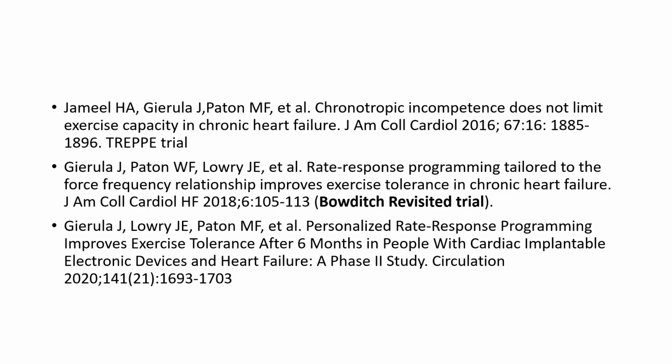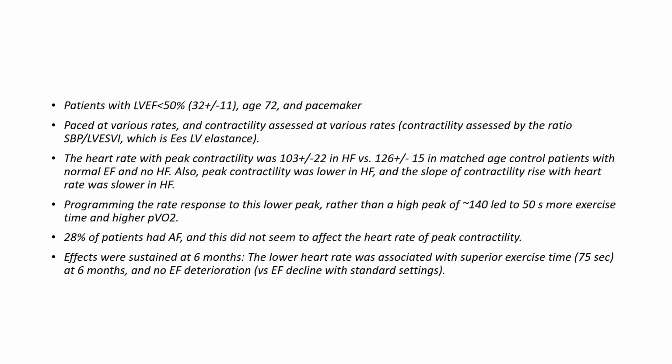Those are the three Bowditch revisited trials, excellent landmark studies from the United Kingdom. I will go over one of them quickly, the second and the third one. They basically took patients with low EF, older age, 72, and pacemaker dependence. They paced them at various rates at rest, and they assessed contractility at various rates echocardiographically.